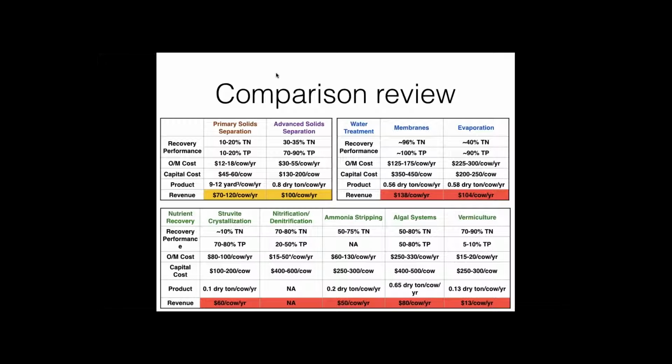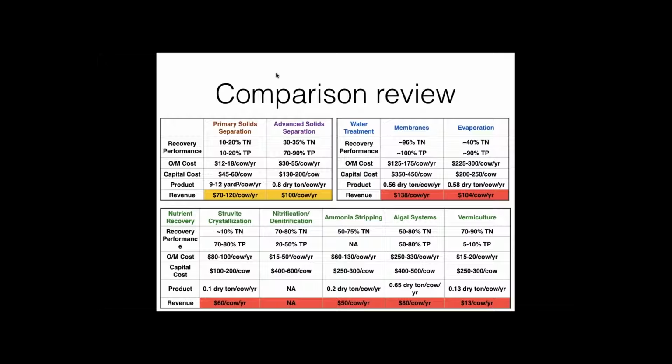And so if you see something here, go ahead and go back when you get the slides and take a look at what the subscripts and the notes are. But in the top left panel here, we have the primary solids and the advanced solid separation. Pardon me, and we can see that the O&M costs and the revenue are there. They're there now for pushing this technology, this approach out to the dairies.